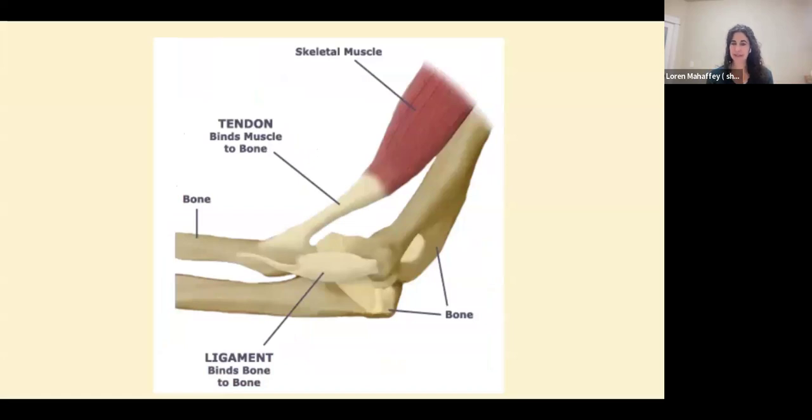Skeletal muscle is attached to bones via tendons. And we can see down here what attaches bone to bone is ligaments. So the connective tissue that attaches muscle to bone is tendons.